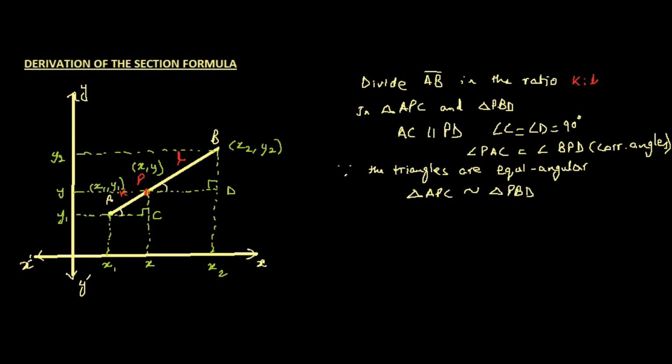If they are similar triangles, what can we say about the corresponding sides in both these triangles? The corresponding sides have to be in the same ratio, because they happen to be similar triangles.